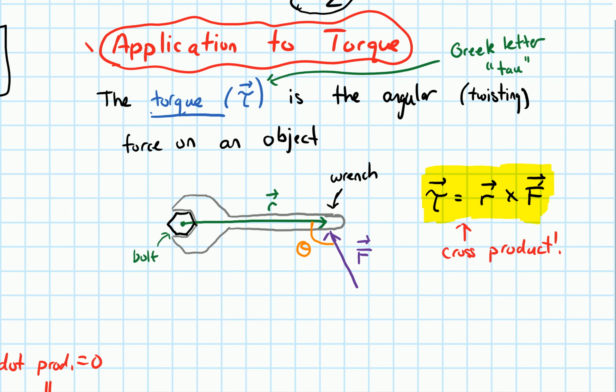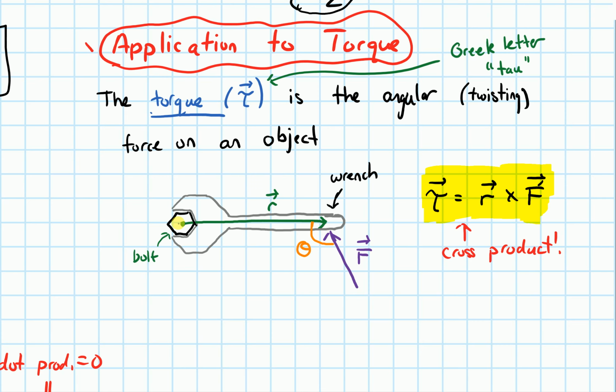So you might be thinking, wait, when we talk about the angle between two vectors, usually the vectors have their tails in the same spot. But here, these vectors have their heads in the same spot. The reason why that actually doesn't matter is, if we take this force vector and we move it, because remember, when we move a vector, as long as we keep the length and the direction, it's the same vector.